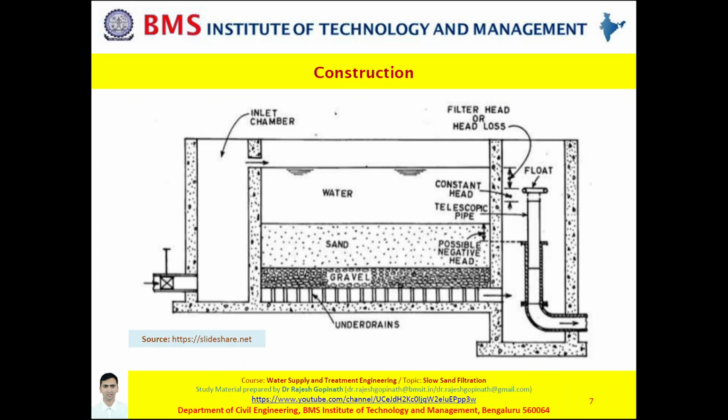It has the under drainage system, which is responsible for collecting the filtered water. It also has the filter media. Below the filter media, it comprises the base media. It also has an inlet and outlet arrangement, and certain appurtenances.